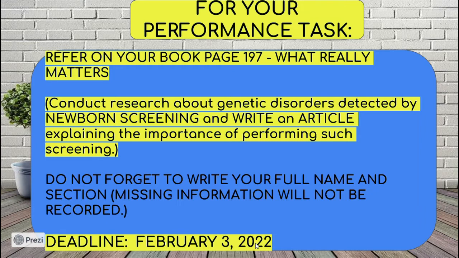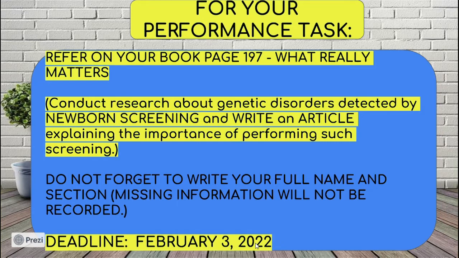You are going to do some research about genetic disorders detected by newborn screening, and write an article explaining the importance of performing such a screening, related to our topic today. Do not forget to write your full name and section. Missing information will not be recorded.